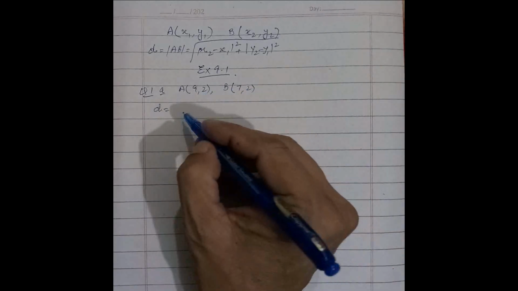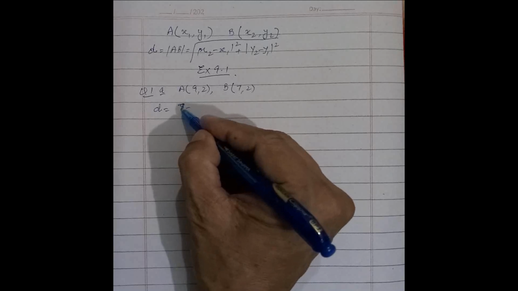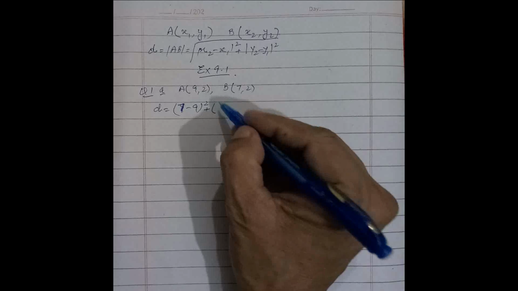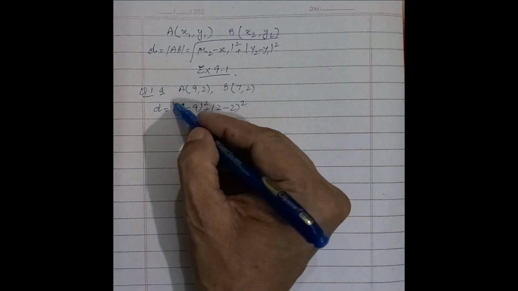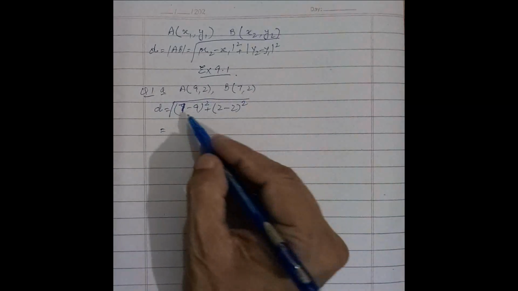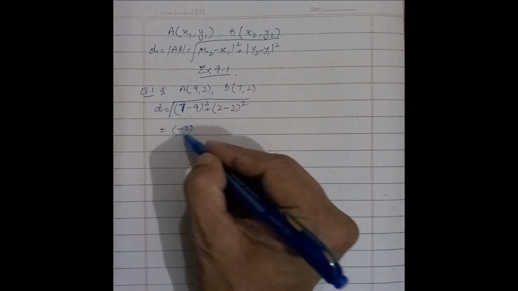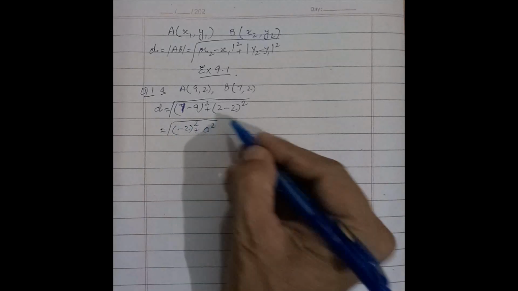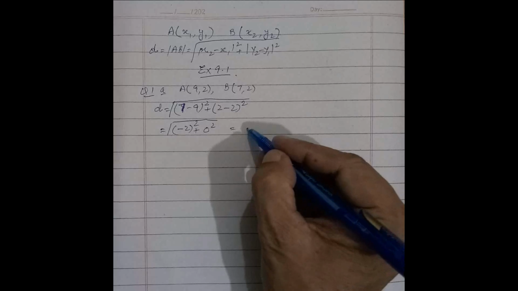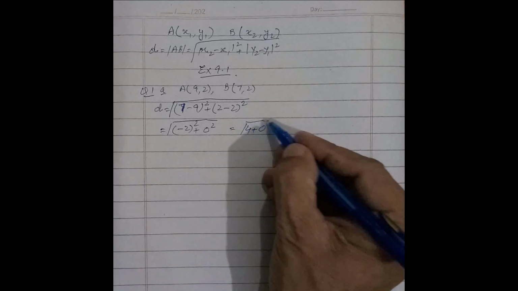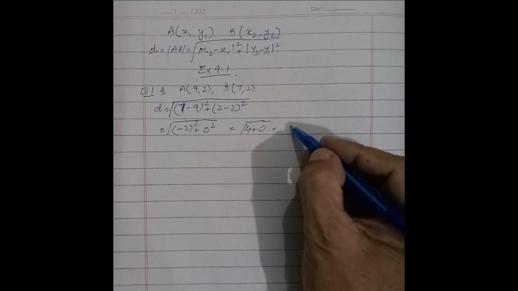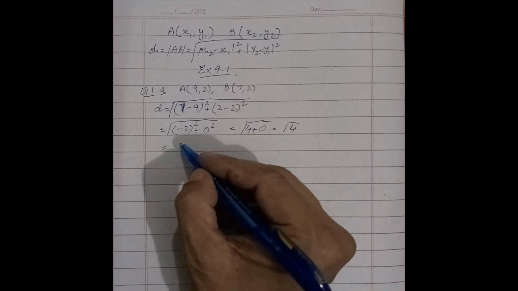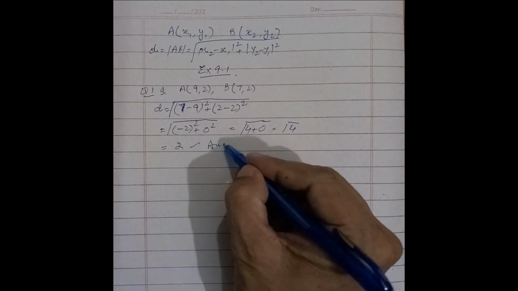So we write 7 minus 9 whole square plus 2 minus 2 whole square, square root. 7 minus 9 is minus 2 whole square plus 2 minus 2 is 0 whole square, and minus 2 whole square is equal to 4, plus 0, square root. 4 plus 0 is 4, square root of 4 is 2, which is the answer of part A.